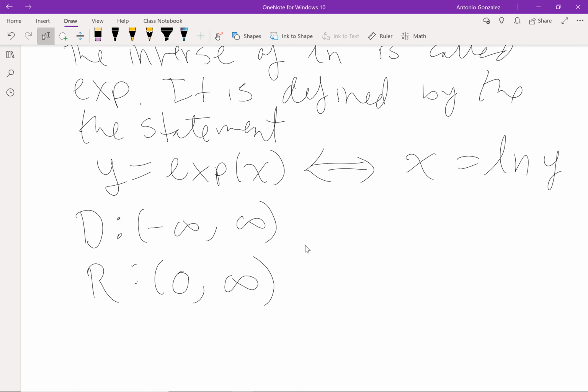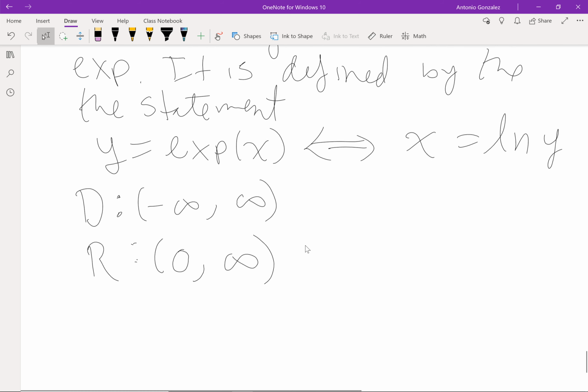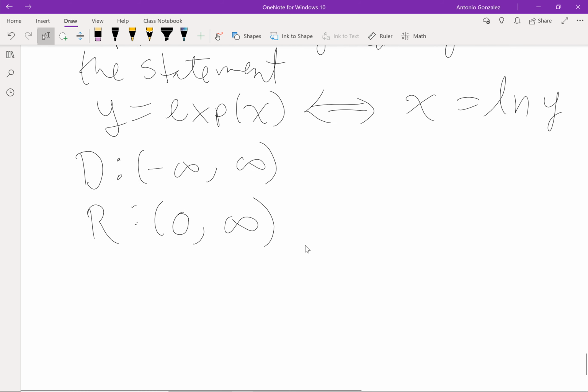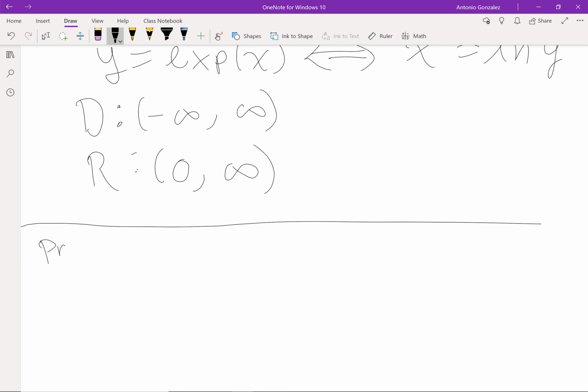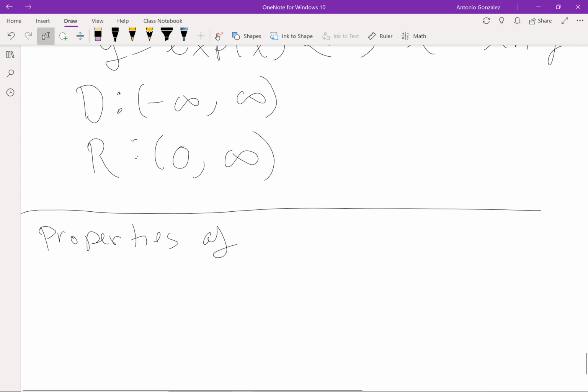And then, through properties of inverses, we can derive some properties of the natural exponential.